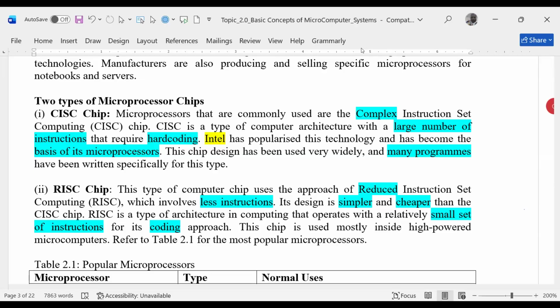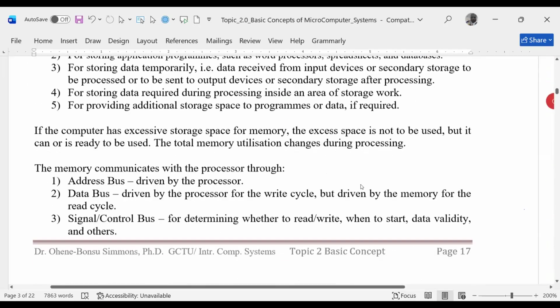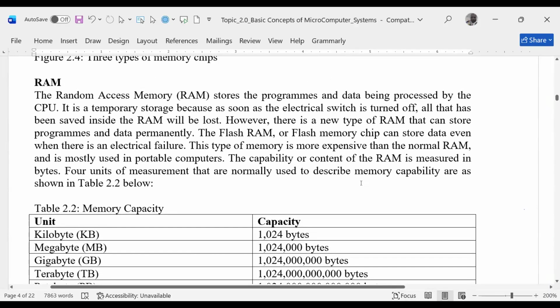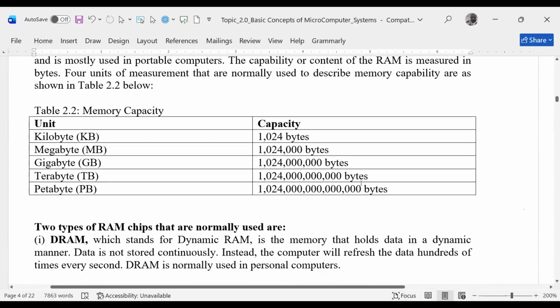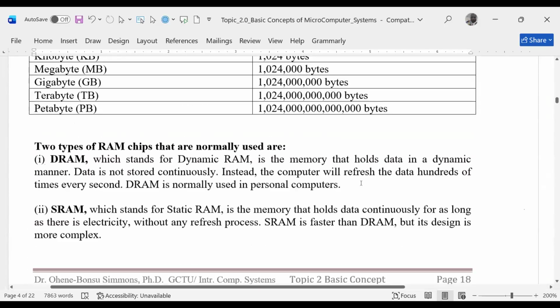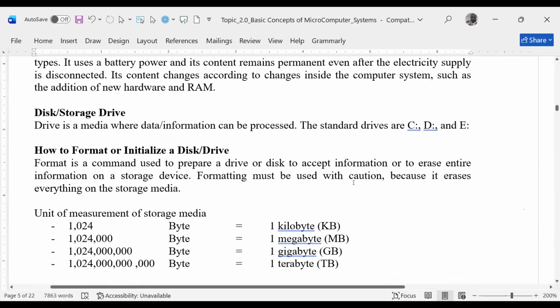You've seen the types of microprocessor chips. We've seen the memory. Memory chips consist of three: RAM, ROM and CMOS. And for RAM, you see how it works and how memories are measured, the RAM types, ROMs, and CMOS. I will explain all this.